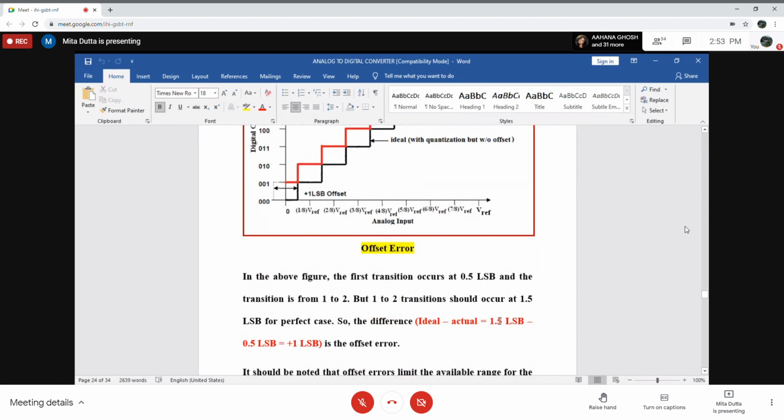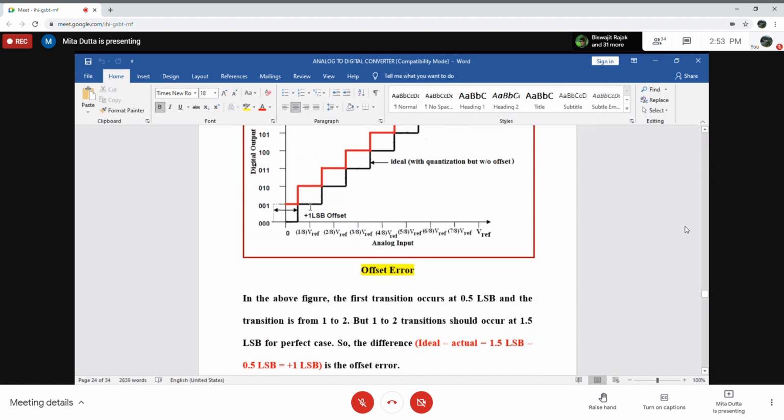In case of ideal, it will be 1.5 LSB. I am talking about the 001 to 010 transition.